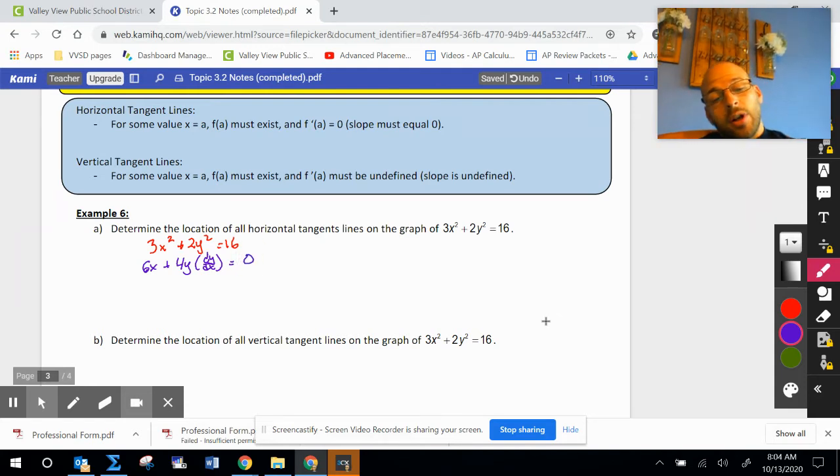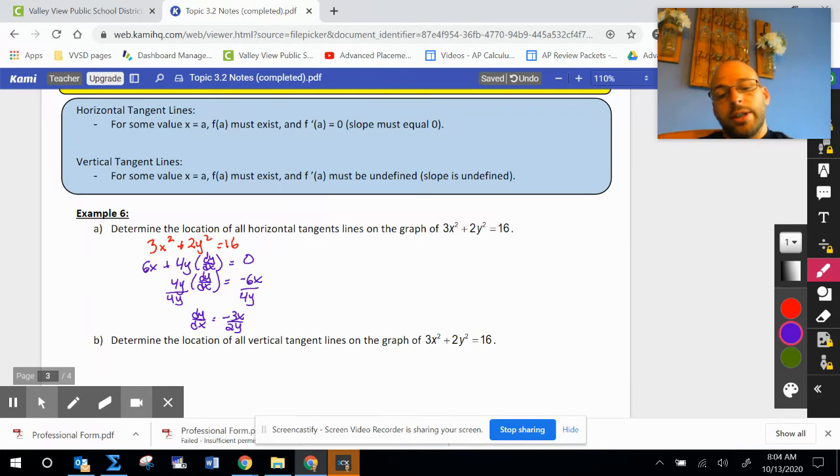Let's get dy/dx by itself. I have 4y times dy over dx equal to negative 6x, and I get negative 3x over 2y. I reduced that fraction a little bit, but that's the derivative.